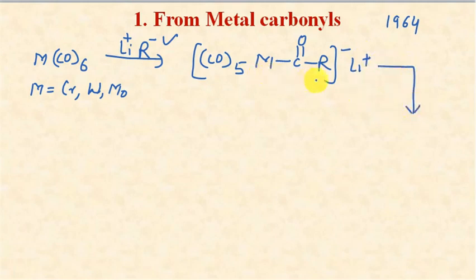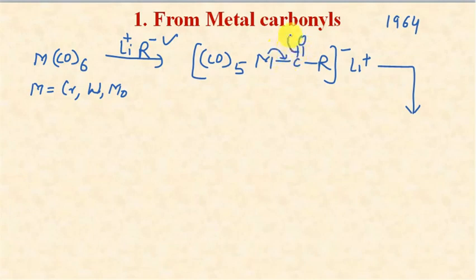After the formation of this initial compound, there is a rearrangement, and that leads to the formation of a metal-carbon double bond. Why so? We have studied that in Fischer carbenes, the metal is electron rich, and the filled d orbitals of the metal can transfer or share their electrons with the carbon atom, forming a pi bond.